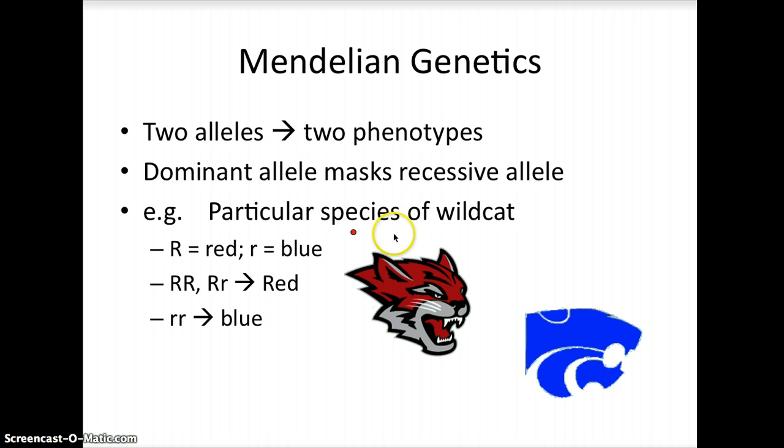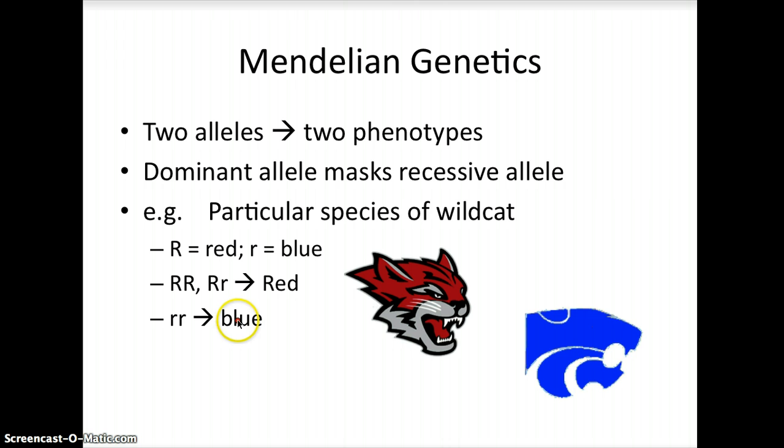In a particular species of wildcat, you either have a red or a blue phenotype. There is a red or a blue allele that corresponds with those phenotypes. There is not, however, a distinct phenotype for every genotype. If you had these two genotypes, the homozygous dominant or the heterozygous, both would give you a red phenotype.